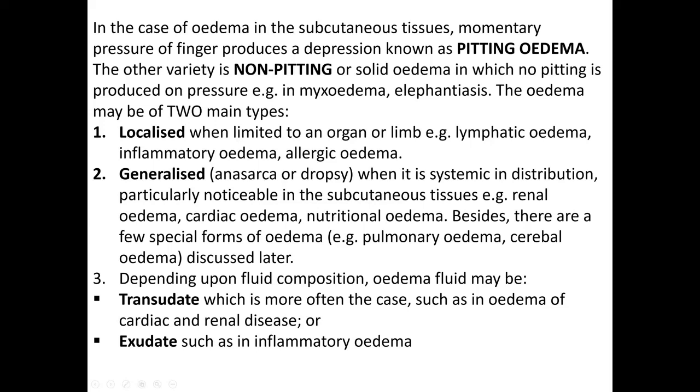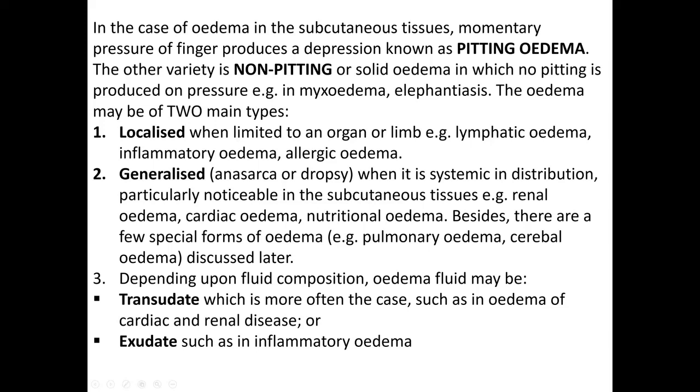The edema may be of two main types: localized when limited to an organ or limb, for example, lymphatic edema, inflammatory edema, allergic edema; generalized edema or anasarca or dropsy when it is systemic in distribution, particularly noticeable in the subcutaneous tissues, for example, renal edema, cardiac edema, nutritional edema.